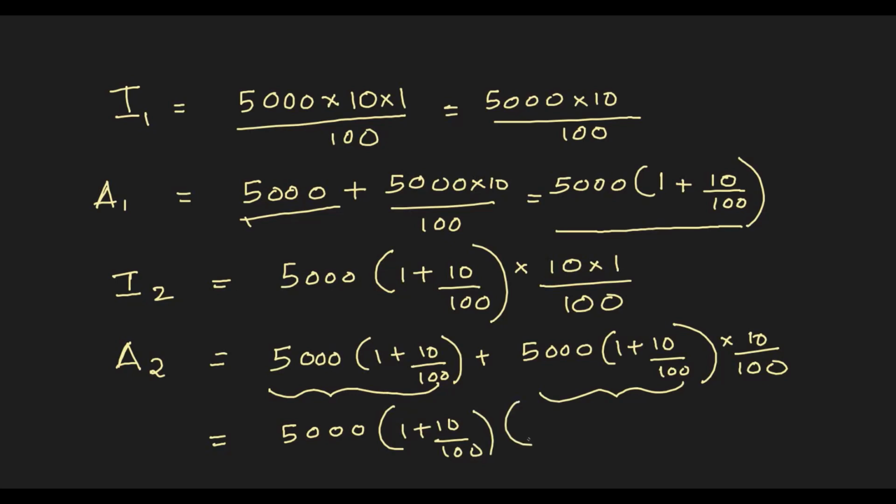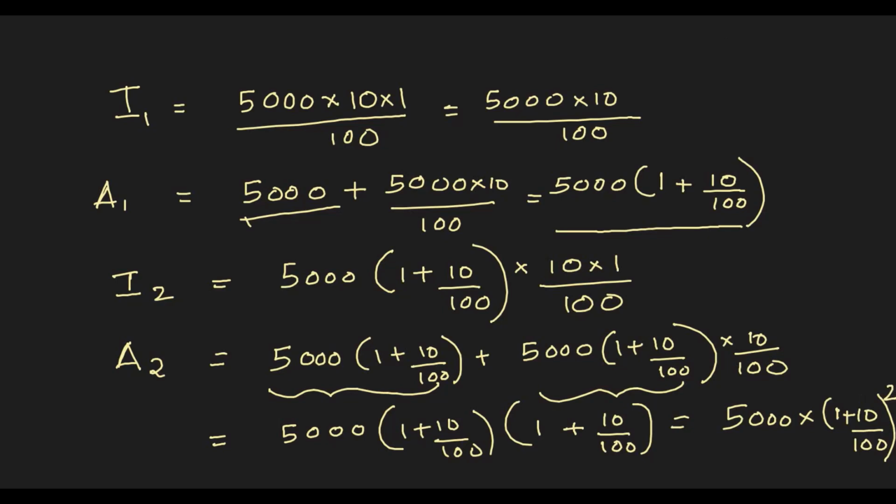Then what is remaining here? It will become 1 plus 10 by 100. That means 5,000 into 1 plus 10 by 100 into 1 plus 10 by 100, you can write it as 1 plus 10 by 100 whole square.